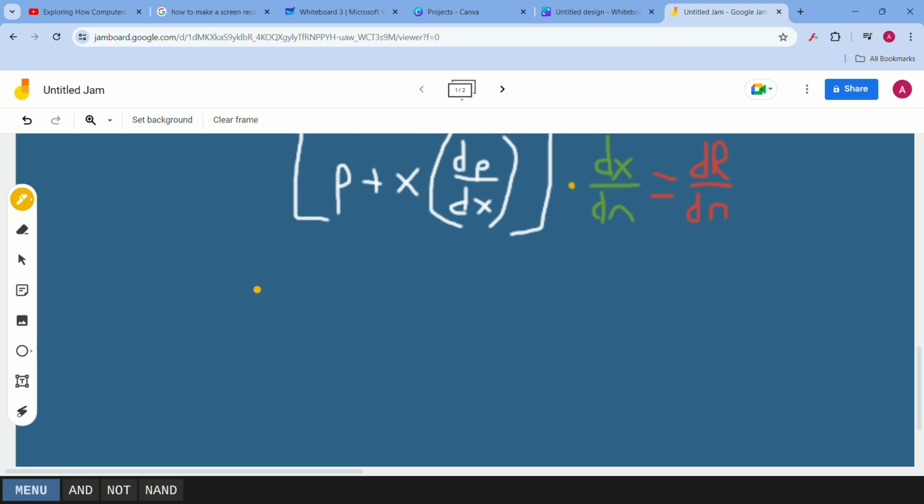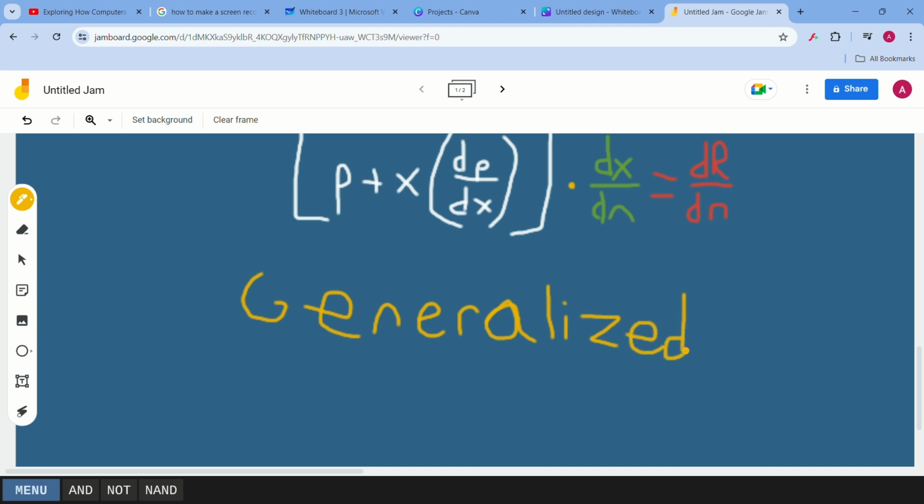The generalized power rule. I'm just going to write PR because I don't have much time.